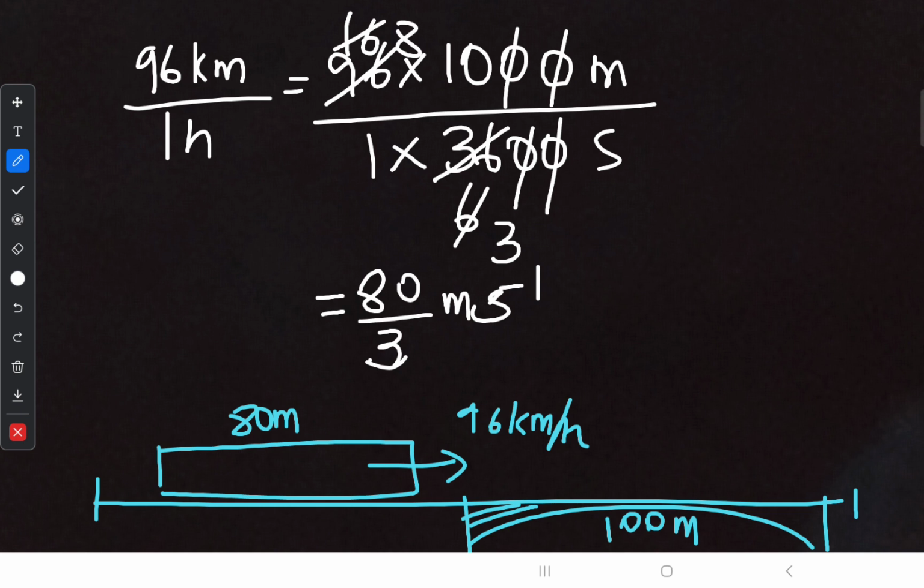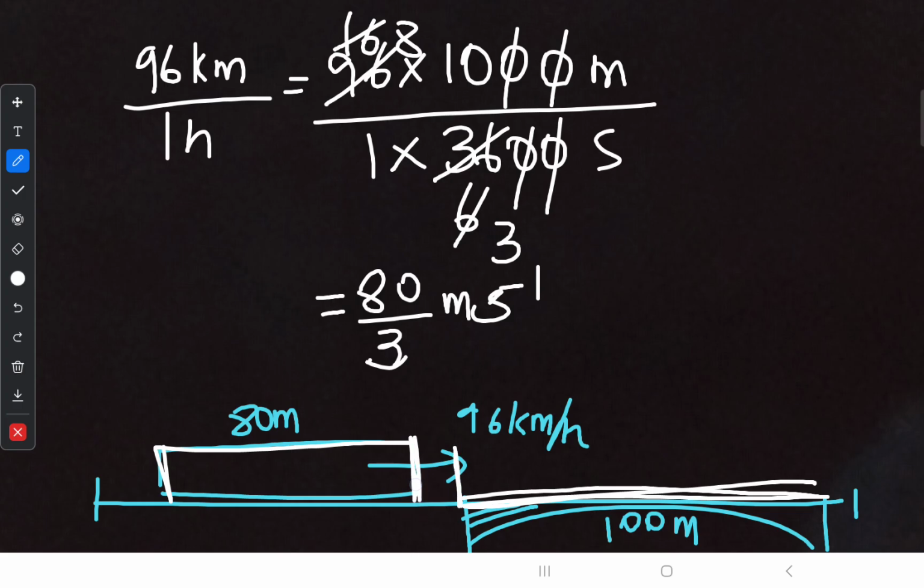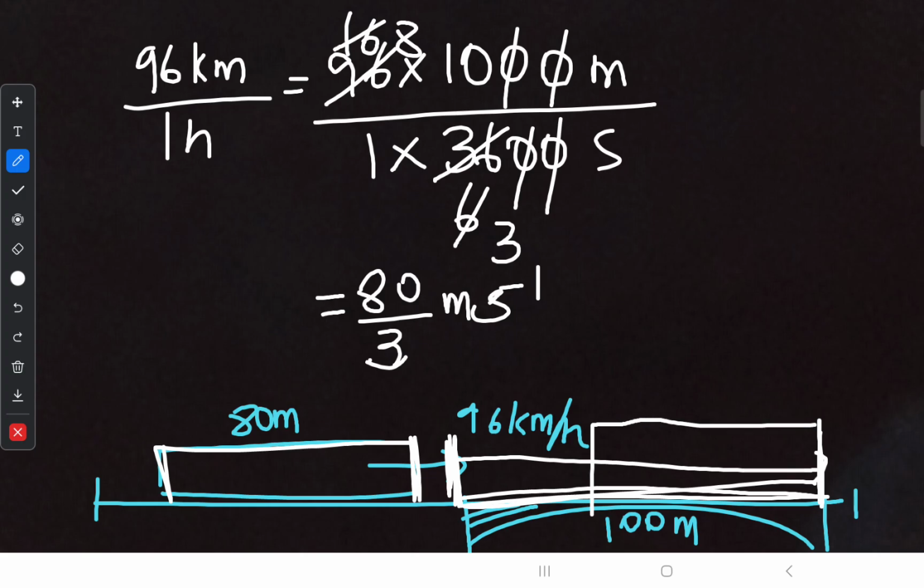This train has to travel this 100 meters, but when you think about it, the starting of this train, the engine, has traveled 100 meters, but the remaining part of this train is still on the bridge.